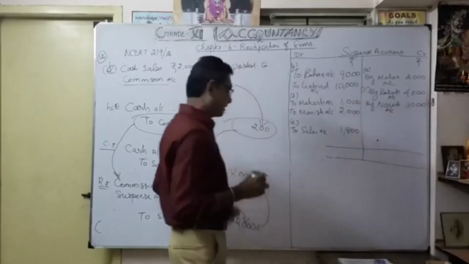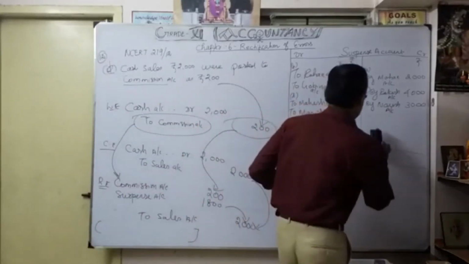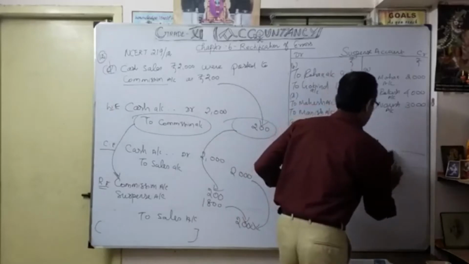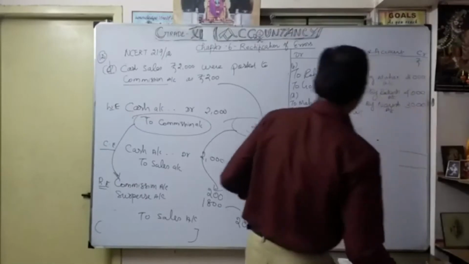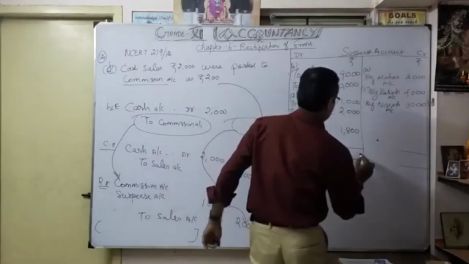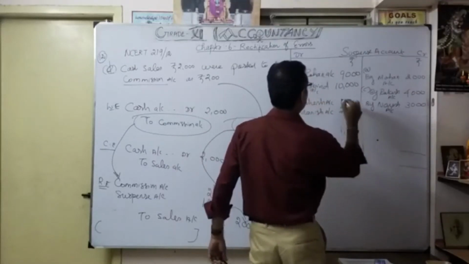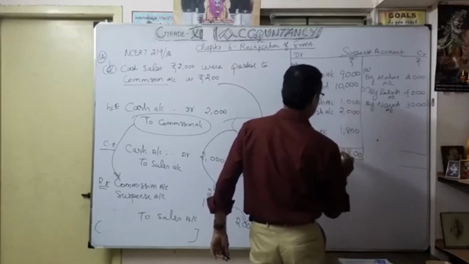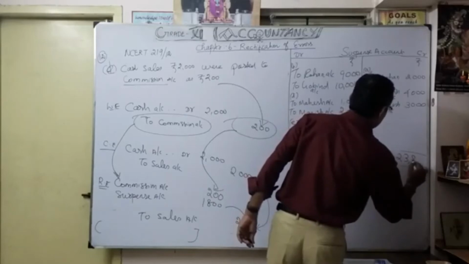Now let's see how the account comes. On the debit side and credit side, we have to know what's the total. I think the debit side total is bigger. So adding up, it comes to 23,800.